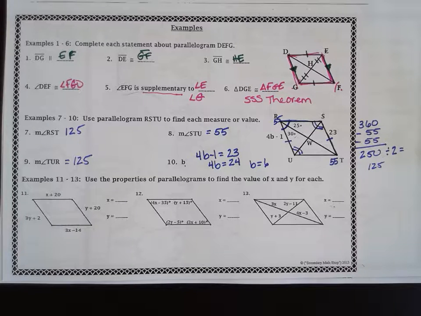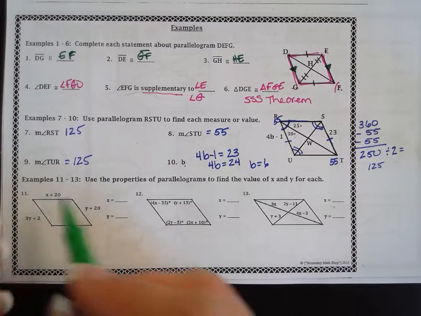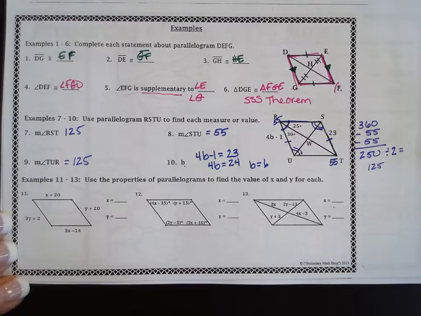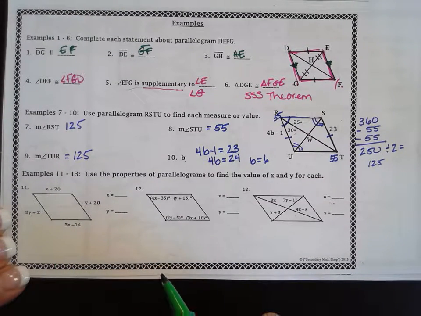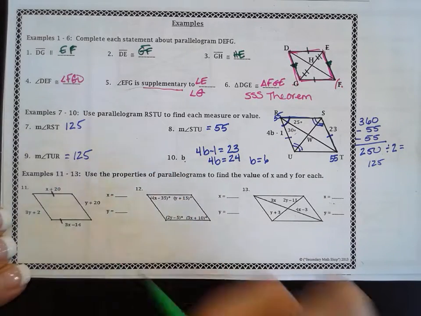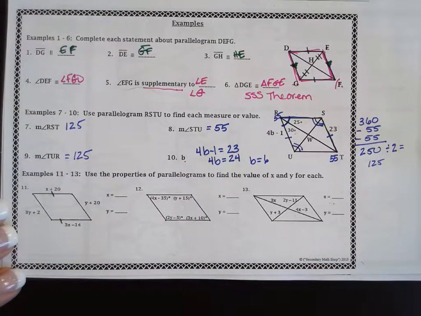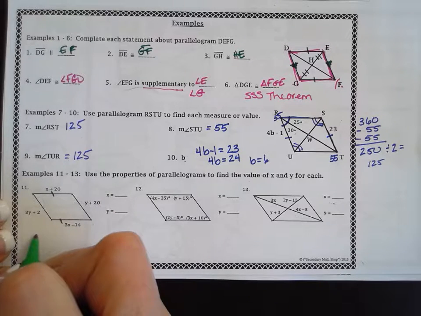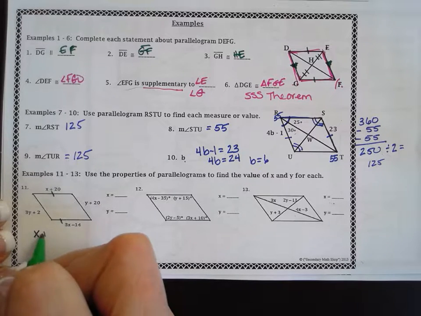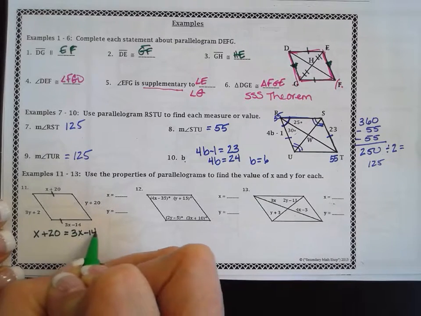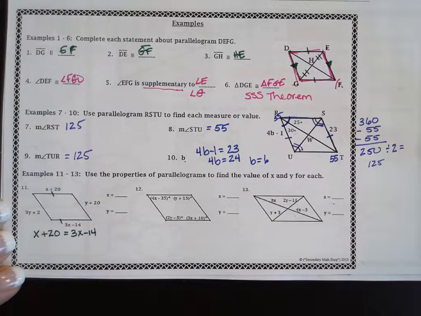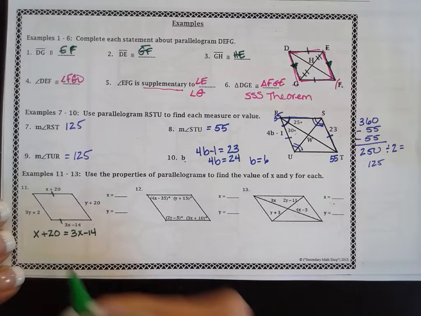Now, how would I want to set this up to solve for x? What do I know about these two sides? They're congruent. So if they're congruent, what does that mean? They're the same and they're equal. So I could say x plus 20 equals 3x minus 14, and then I can solve for x.